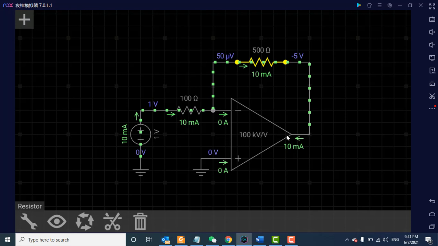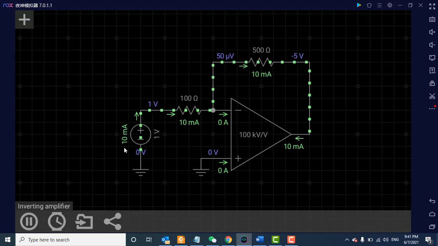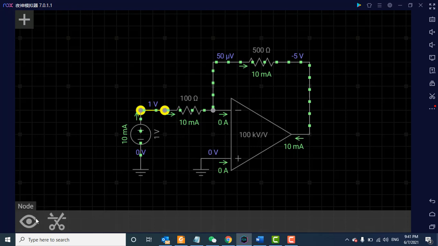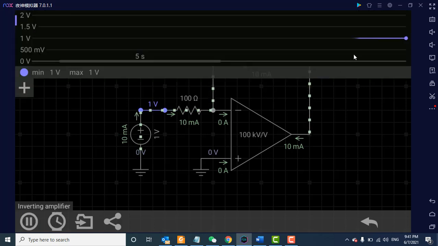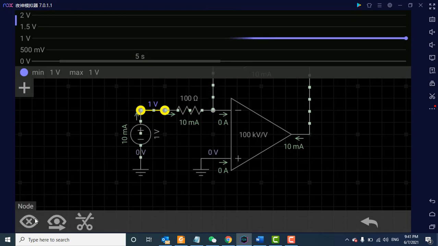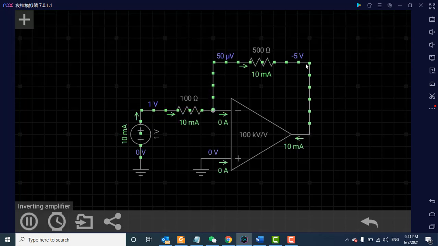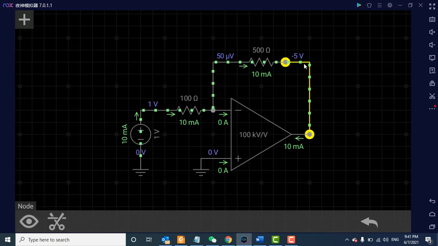So let's start the simulation. If I run the simulation here, okay, you can see 1 volt it generates. Let me show you the waveform also. Here I can show you the waveform on the simulation. Here is the 1 volt. If I stop this, I can show you the output voltage.